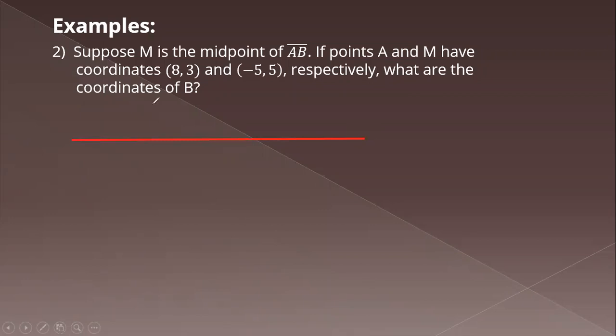It is stated here that M is the midpoint of point A and point B. If the coordinates of A is 8, 3, and the coordinates of our midpoint is negative 5, 5, what are the coordinates of our B?